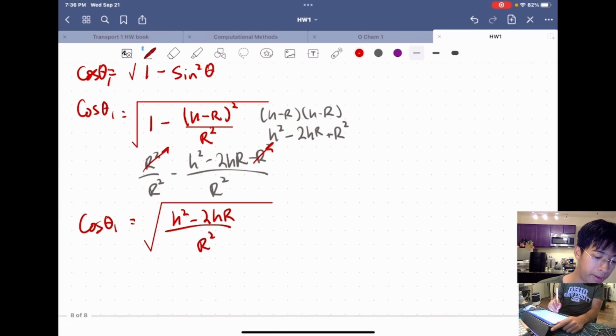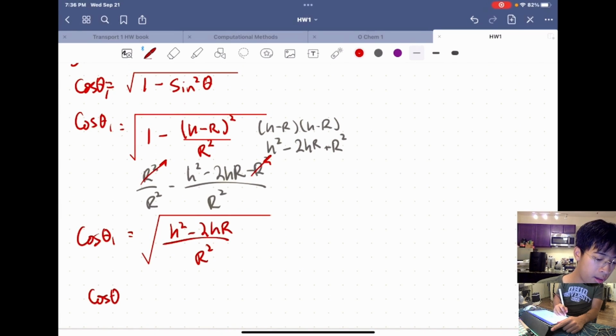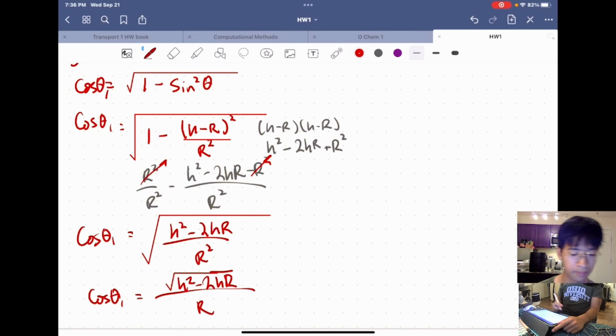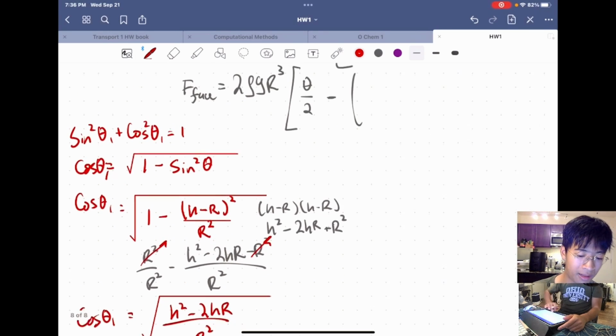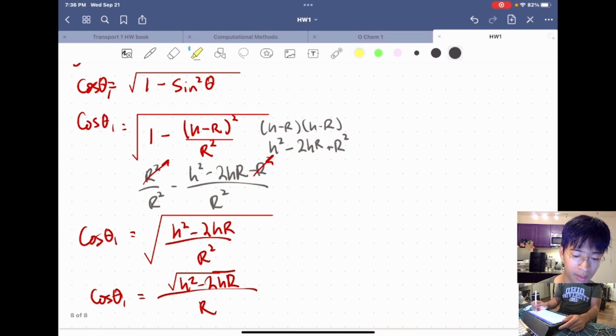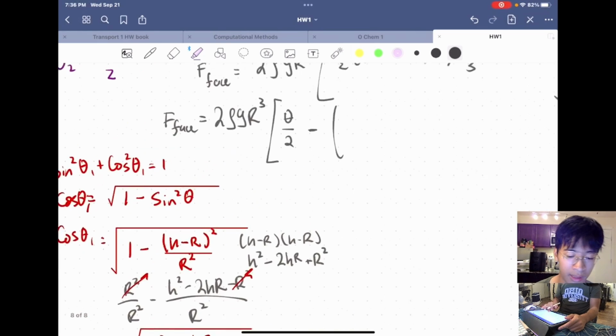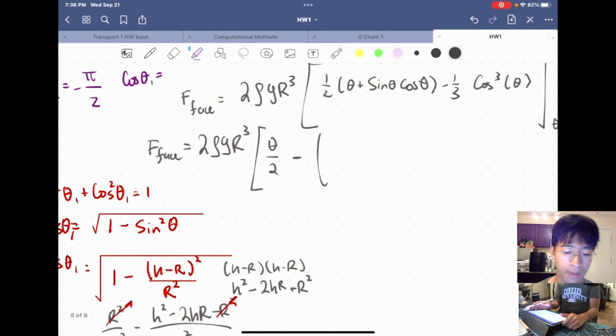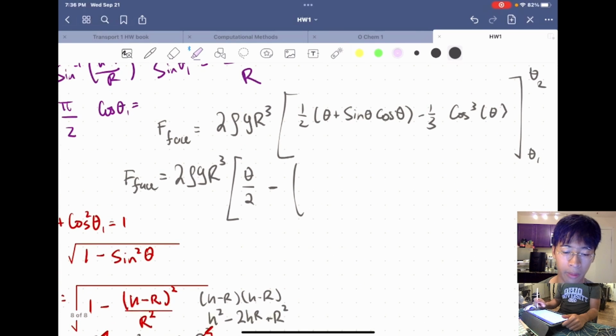Now I can simplify a little bit further by saying cosine theta 1 is equal to the radical of h squared minus 2hr, all over r. Lots of algebra, but let's highlight this softly. This is my expression for cosine theta, and I'm going to want to plug it into my evaluation for theta 1.